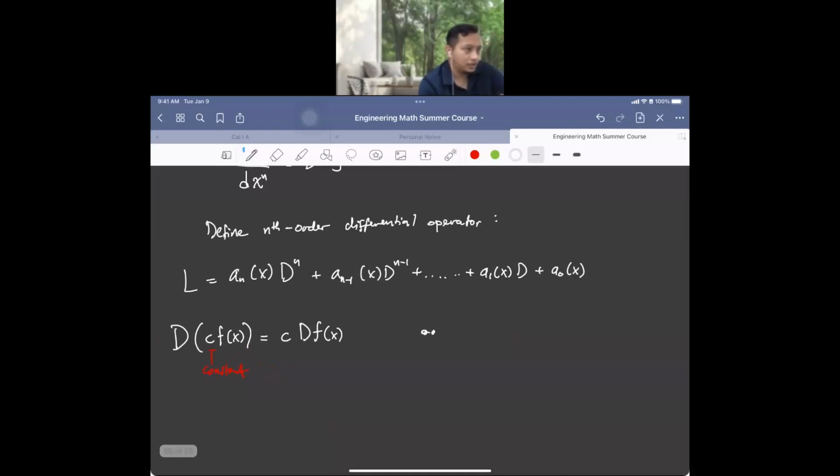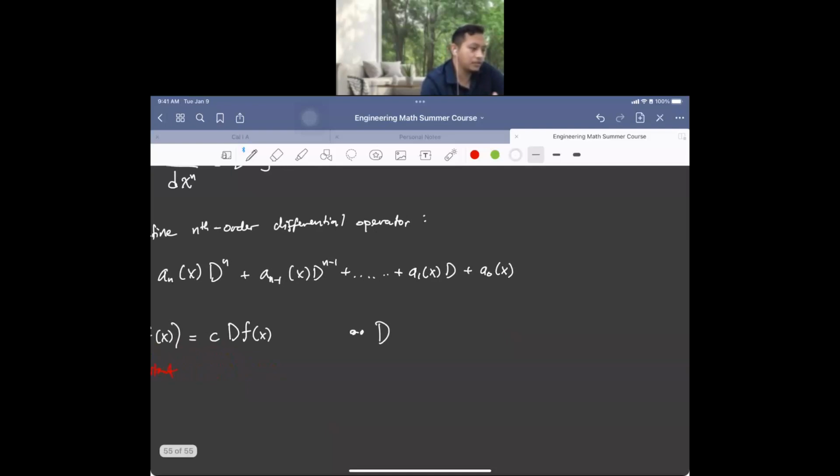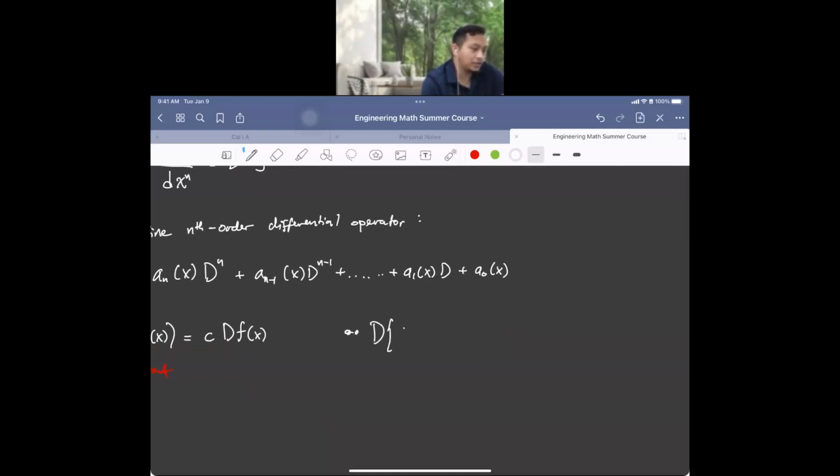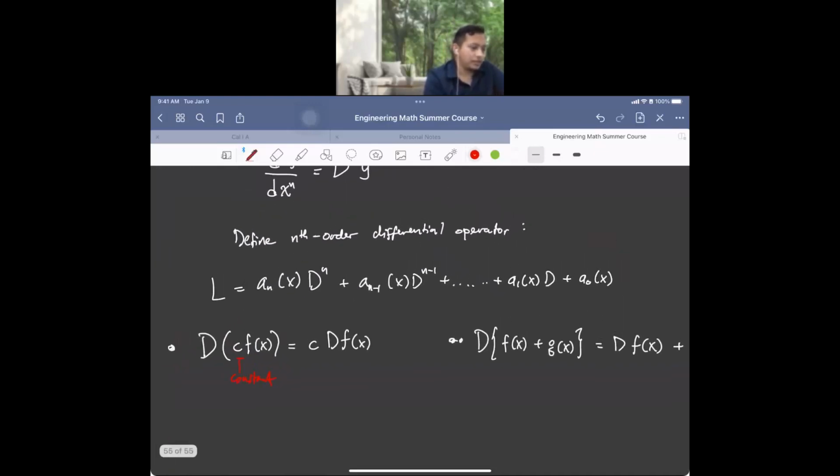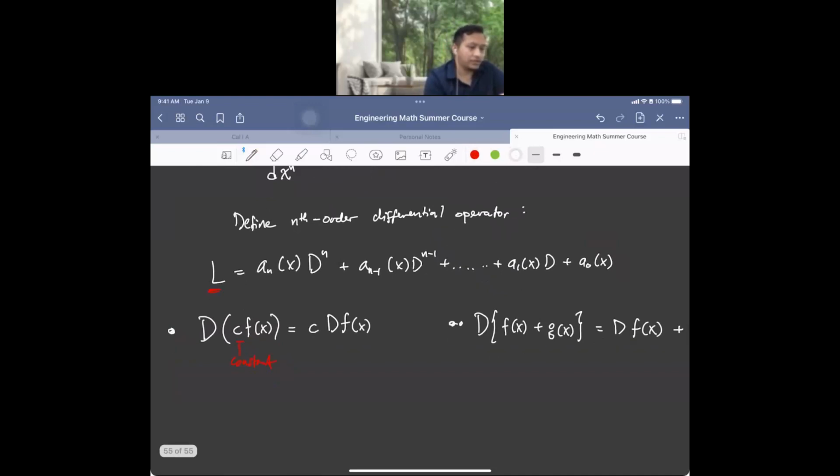Another property that has an important characteristic: if we add two functions that we multiply each one by a constant, it means that this L is also a differential operator.